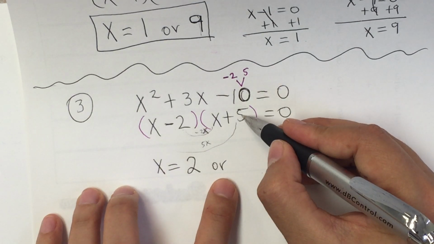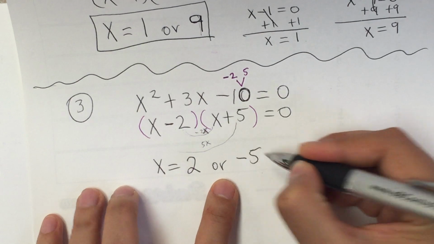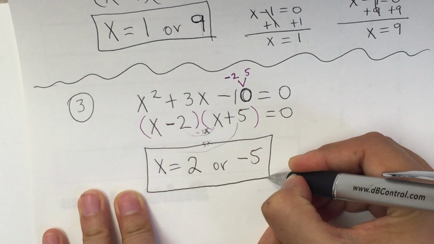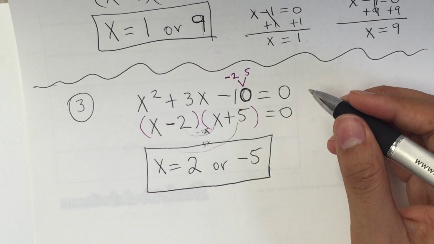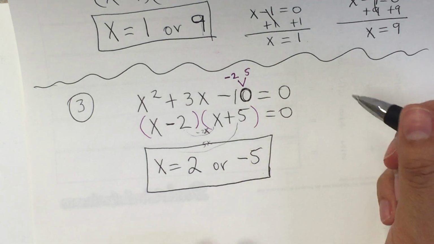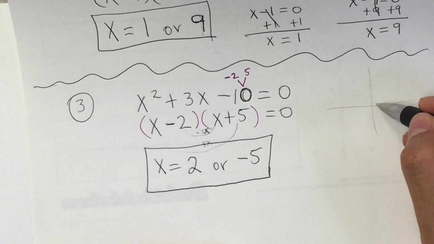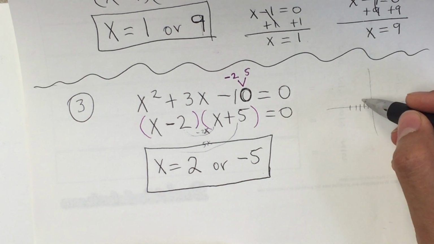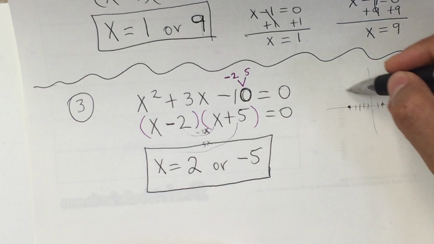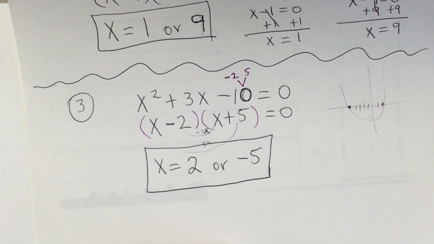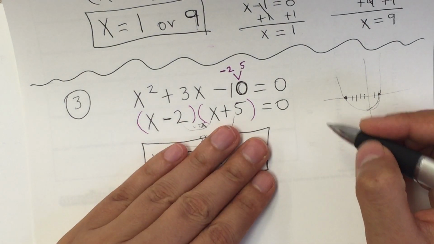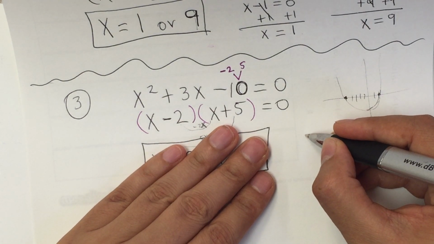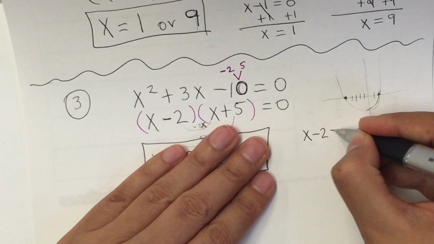Or, since this is positive, the answer will be negative 5. So these are my two answers for x. Again, in a parabola, it would be the 2 in here, the negative 5 in here, and so those will be the two places where my parabola would intersect with the x-axis.